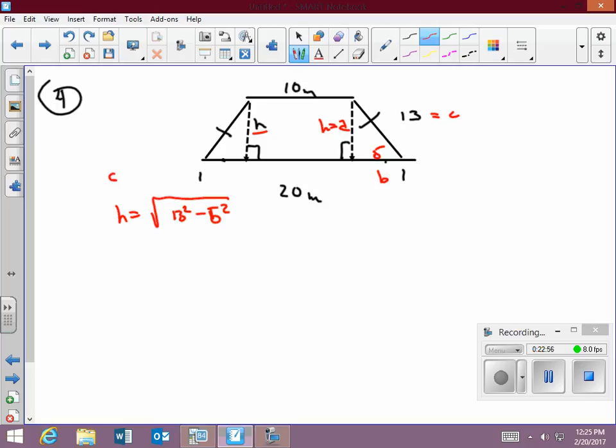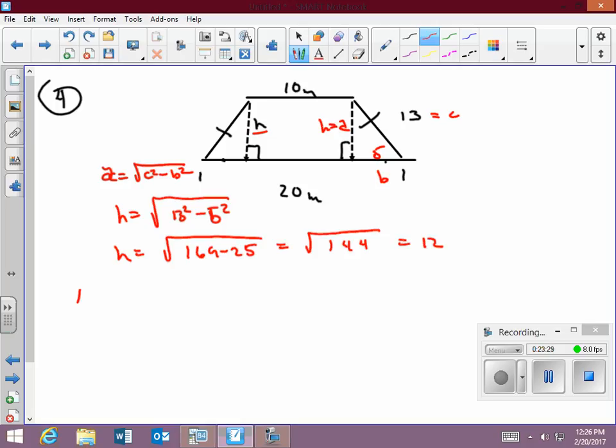A equals the square root of C squared minus B squared. So this is 169 minus 25. So that's 12, right? Yep.